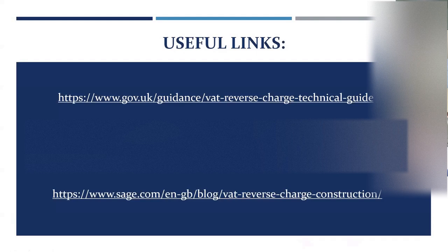It's very, very confusing. Even I had to think about some of the points on it. The second one is from experts in VAT for the construction industry, and theirs is quite a useful little read if you want to add it onto our course. And likewise, the Sage people have done quite a nice little exposé on the reverse charge procedure as well, if you want to have a read.